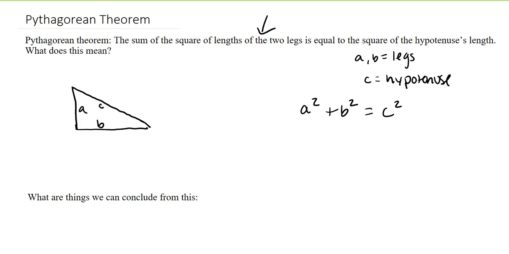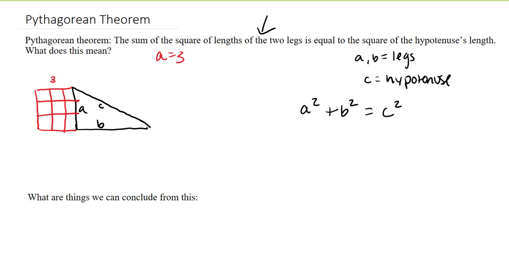If we had A, let's say A is equal to 3. That means we can draw the area right here, which is 3 squared. So that equals 9, right? We have 3 on this side and 3 on this side.